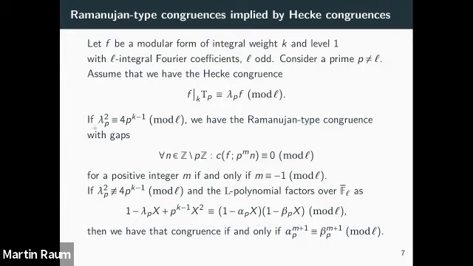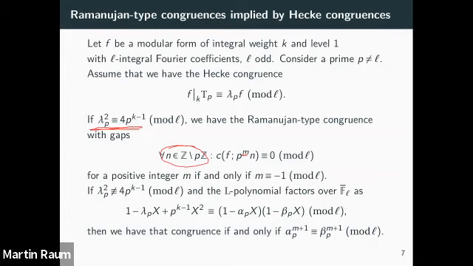The first case corresponds to having equal Satake eigenvalues, Satake parameters mod ℓ. In this case, we have Ramanujan-type congruences actually with a gap, which means that we have this set without p. This, of course, incurs many other Ramanujan congruences if you raise this power by 1. But it's really the fact that they all occur together.